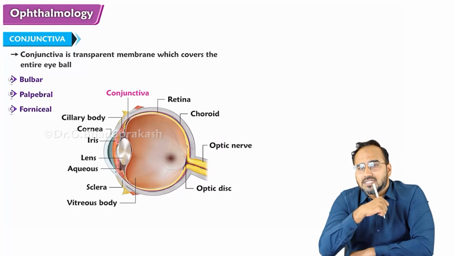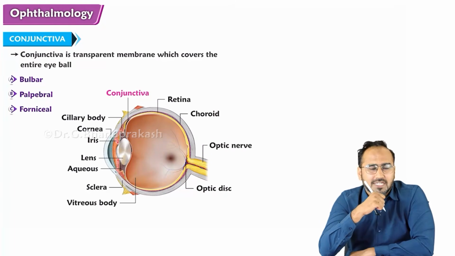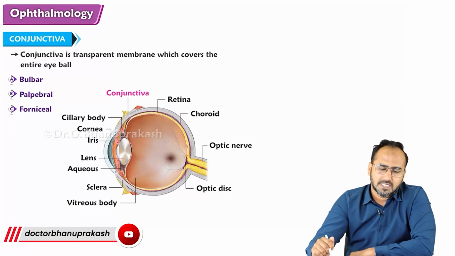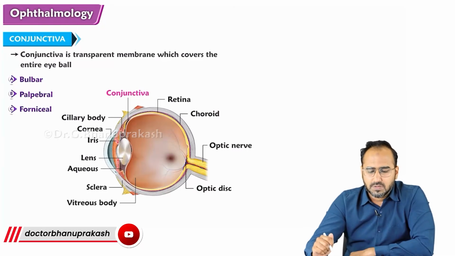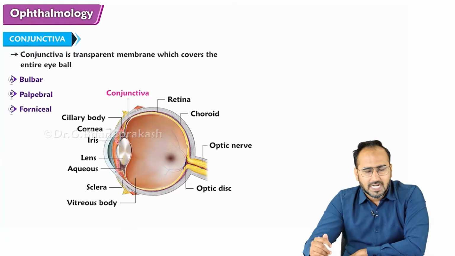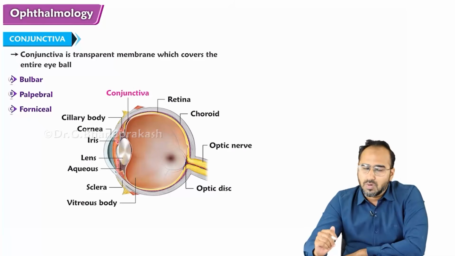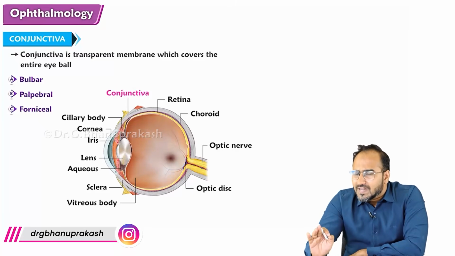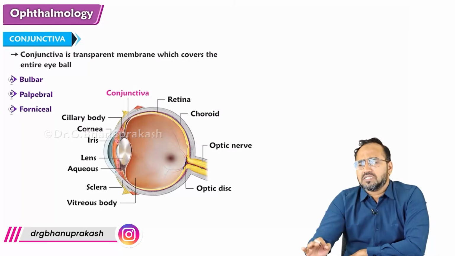This conjunctiva is made up of stratified non-keratinized squamous epithelium, right? Inflammation of this conjunctiva is called conjunctivitis.